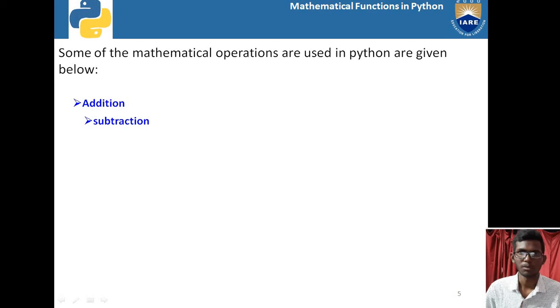Example for subtraction: let's take a equal to 3, b equal to 2, print a minus b.